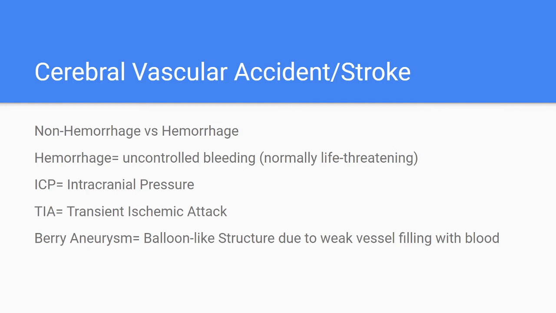So what we'll see is a berry aneurysm. A berry aneurysm is basically a jutting of your artery. When you get older, or with some people who have it hereditary, genetically, their body will just naturally have weaker linings in the arteries up in your brain, and these will form these things called berry aneurysms.